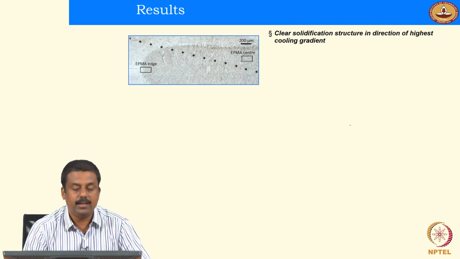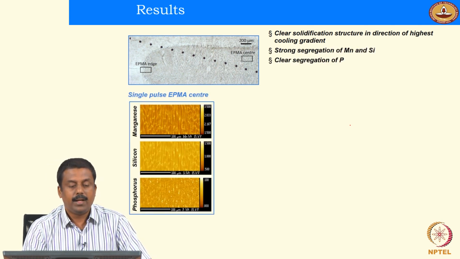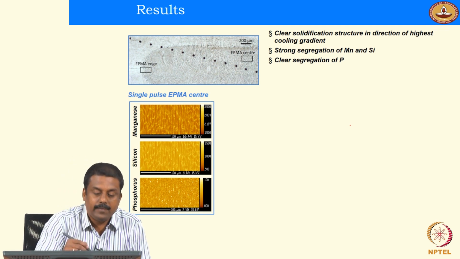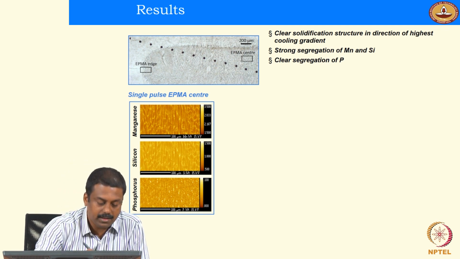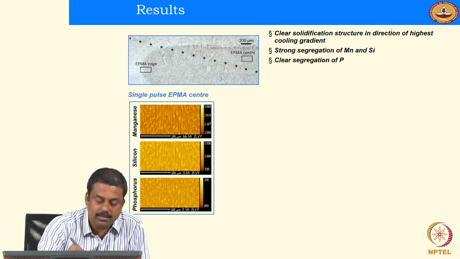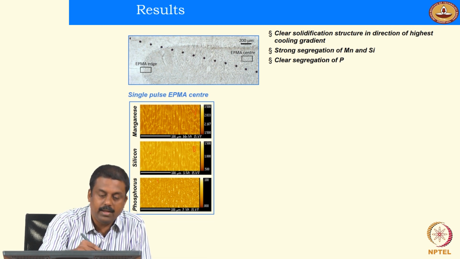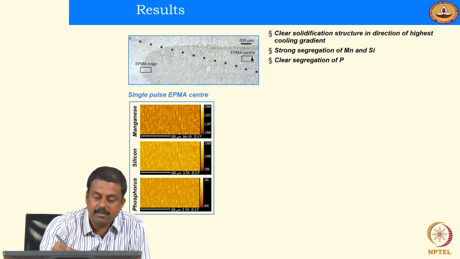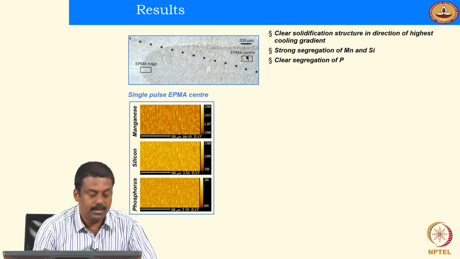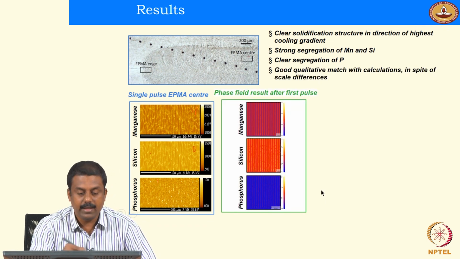Actually we are seeing that in the single pulsing case, in the experimental result also, we see segregation of phosphorus, silicon and manganese at the dendritic boundaries. You see here in this picture, at the dendritic boundaries the manganese is enriching the boundaries, silicon is enriching as well as phosphorus, at the solidification boundaries at the center as well as the edge.